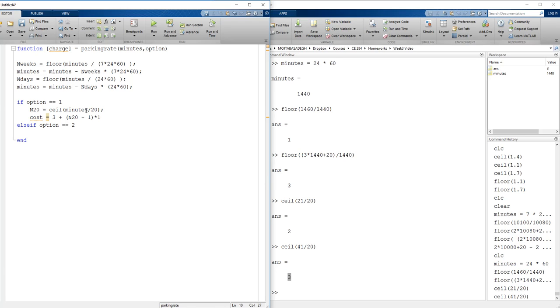So that's the cost for the fraction of 20 minutes that I have. Now the issue is this cannot go above $20. Remember we talked about this. If we have about 20 hours, that's going to be like $62, which we cannot let happen.